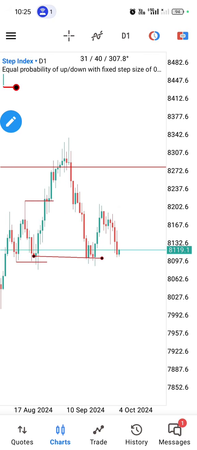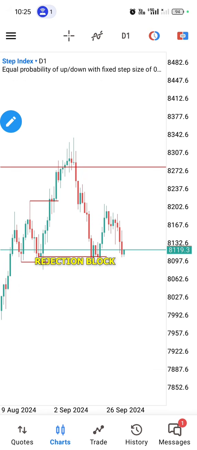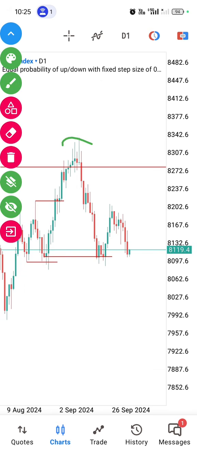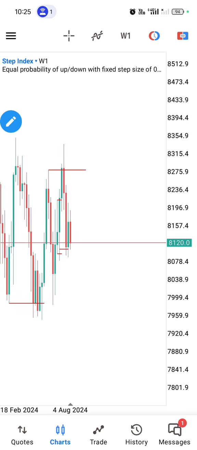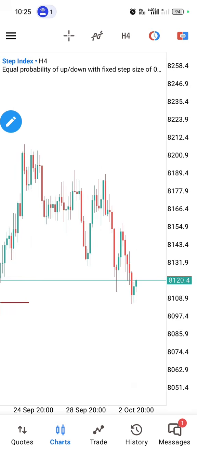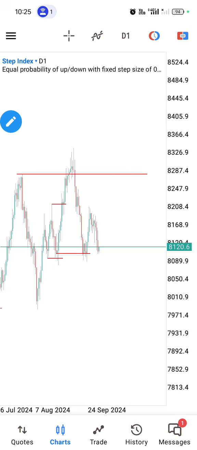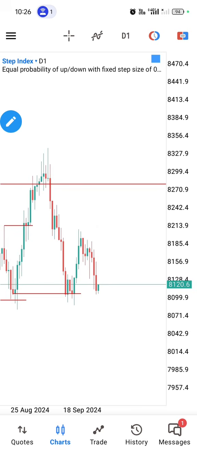Now it came back down to the rejection block, and it already reacted off of the rejection block, but I think it has to continue dropping down to the daily order block below that low. So I'm still with the buy, but I just don't think it's going to buy right there, so I'm going to sell it right now.